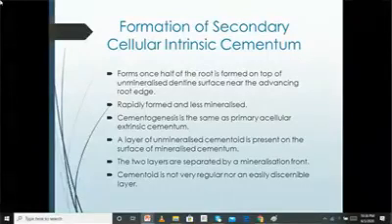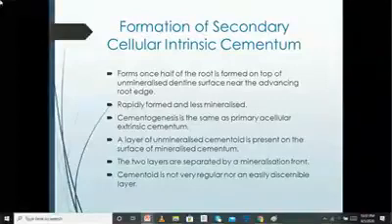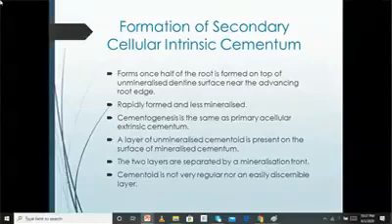So if you can recall the function and location of primary cementum, you would know that primary cementum was present from the cervical margin till the apical third, and this secondary cementum is present from the middle third till the apical third. So there is a difference in location between these two types of cementum.